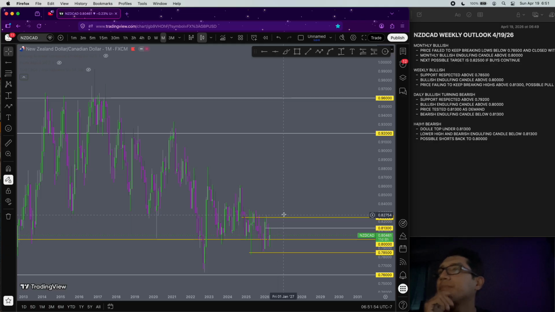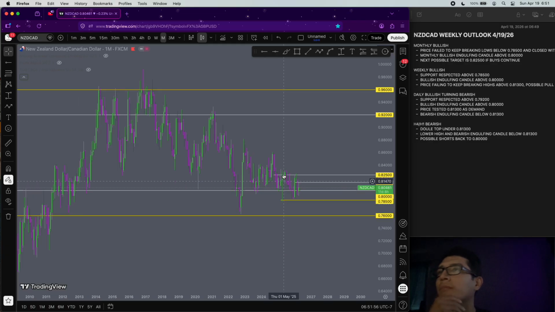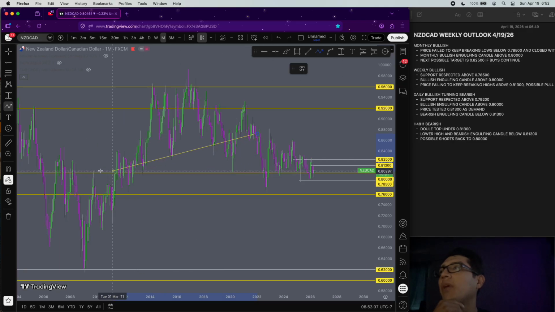So on the monthly, it kind of does look bearish, but I do have it as bullish because one, we do have a bullish engulfing candle right here, right back above 0.80, and obviously 0.80 is a really strong area of demand, strong area of supply below, demand above.